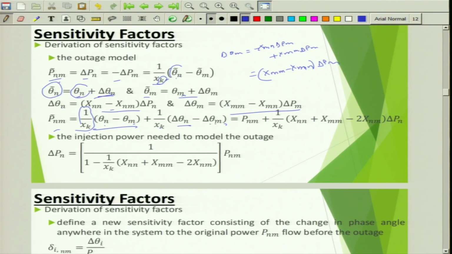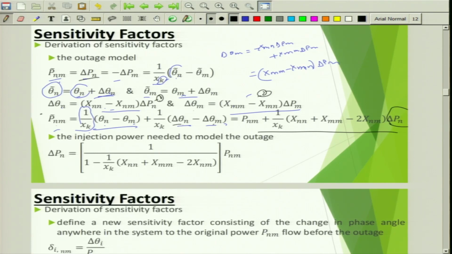Now delta theta n and delta theta m are given by these expressions, this is 1, let us say this is 2. So you replace delta theta n by 1 and delta theta m by equation 2, then you get this term, or delta Pn is nothing but, this is delta Pn, this is nothing but Pnm cap. Pnm cap is nothing but delta Pn again, right.